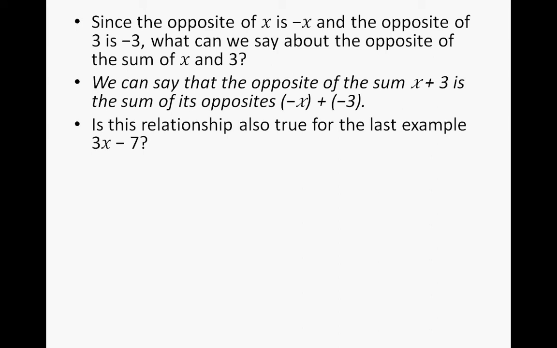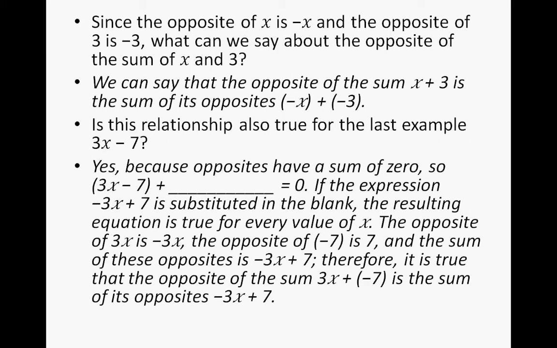So is this relationship also true for the last example, 3x minus 7? Well, yes, because the opposites have a sum of 0, so the quantity of 3x minus 7 plus some expression has to equal 0. If the expression negative 3x plus 7 is substituted in the blank, the resulting equation is true for every value of x. The opposite of 3x is negative 3x, and the opposite of negative 7 is positive 7.